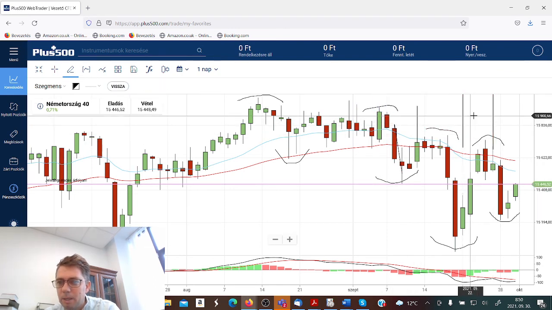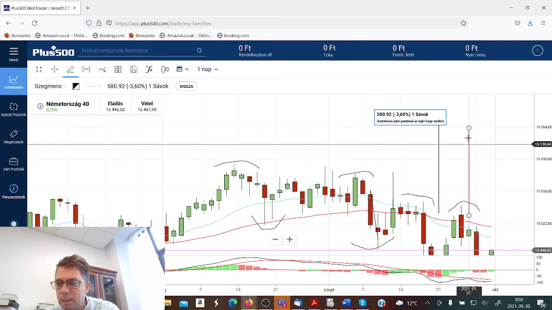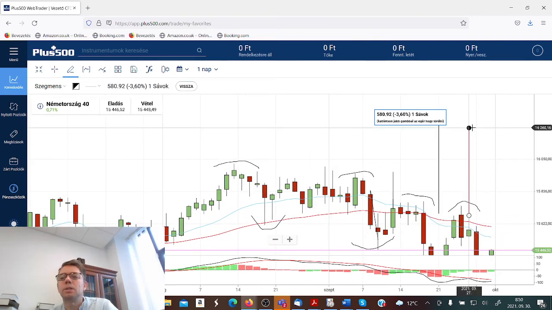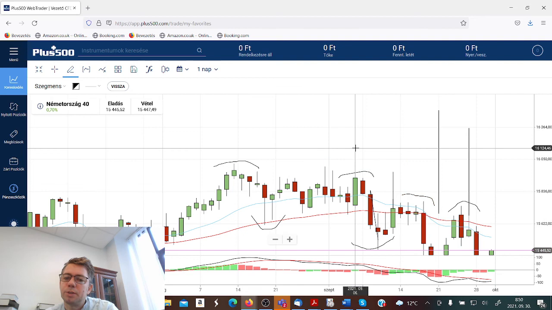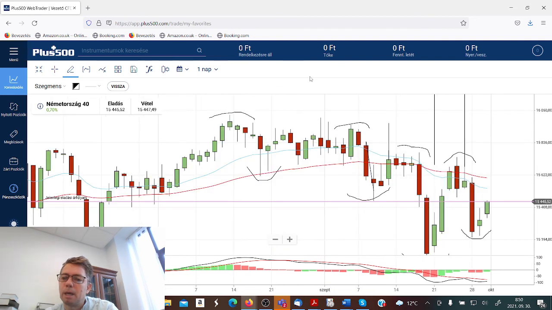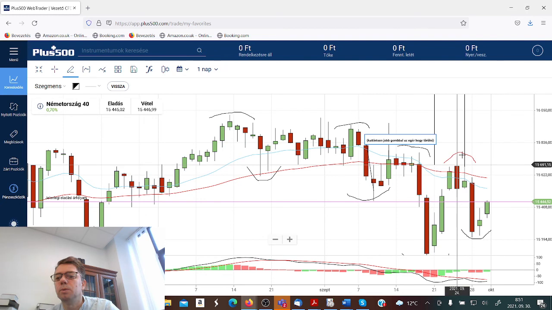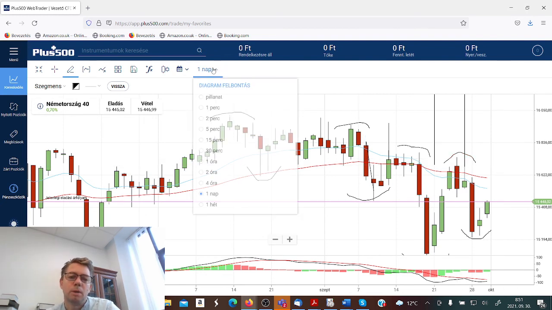Okay, and now the price target is actually 16,260. So what I see on DAX, we may have turned around and we may draw a double bottom, but we need to make a new higher high in order to make this valid.